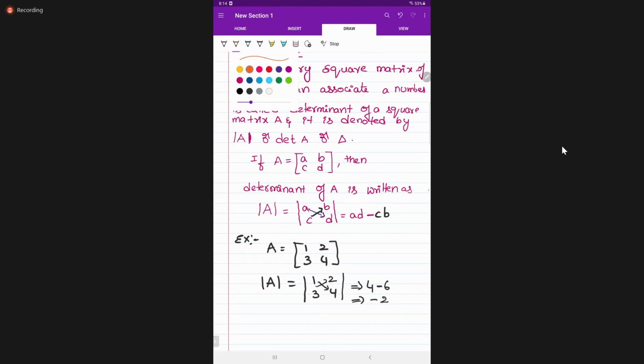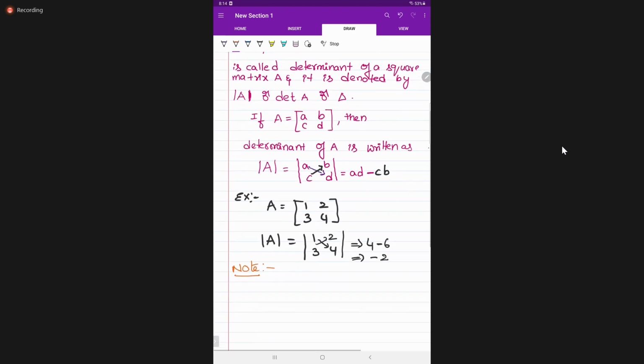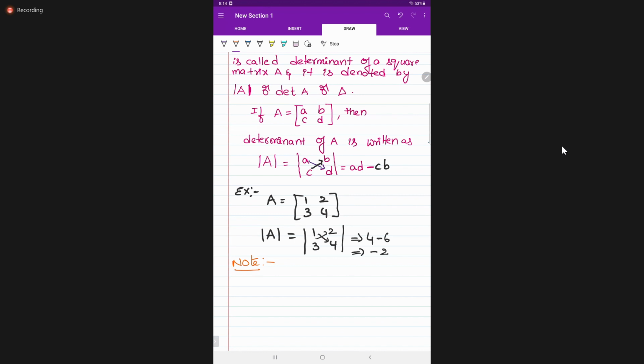Next, one note. In the note, for a matrix capital A, det of A is read as determinant of A, not modulus of A. Understood what I am telling, students?